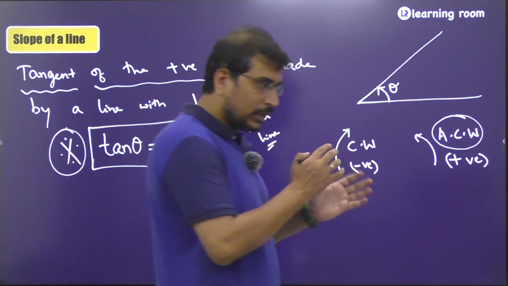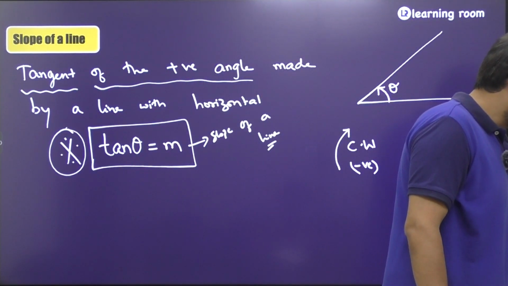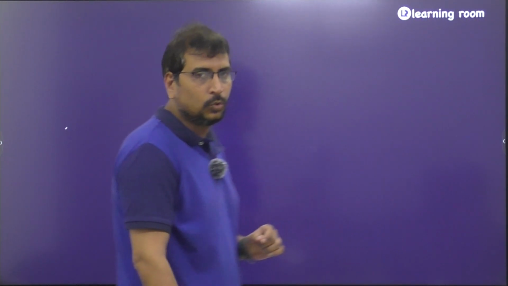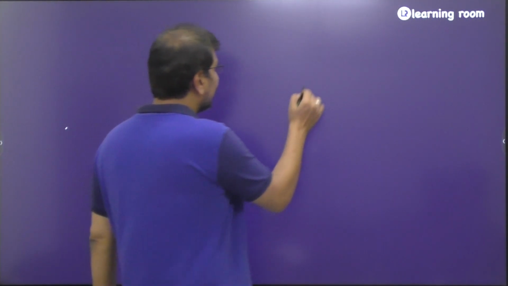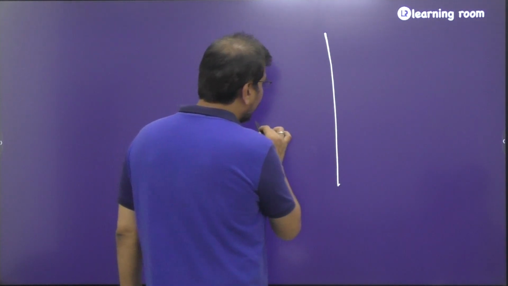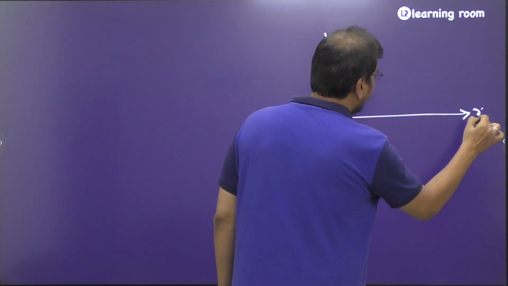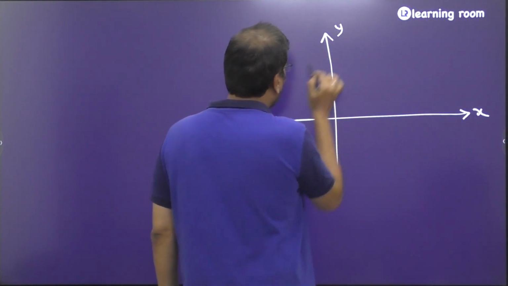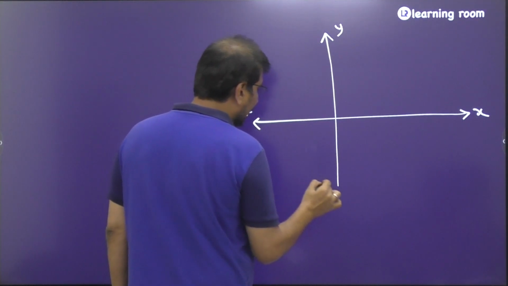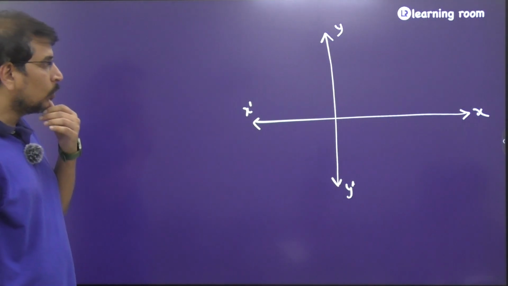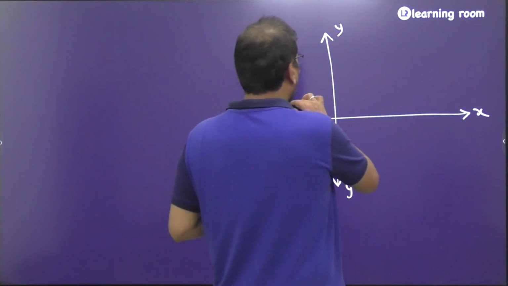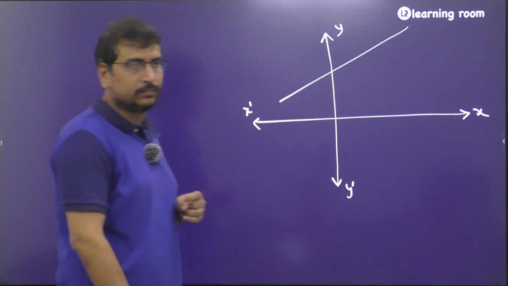Right? So having said this, I am going to extend this concept to coordinate geometry. That is, if I take the basic coordinate system like this, x-axis, y-axis, x dash and y dash, then what I'm going to do is draw a line like this.